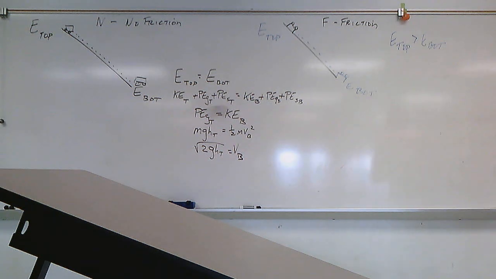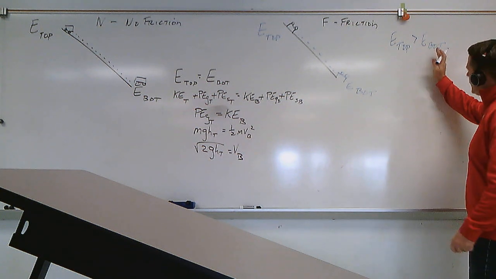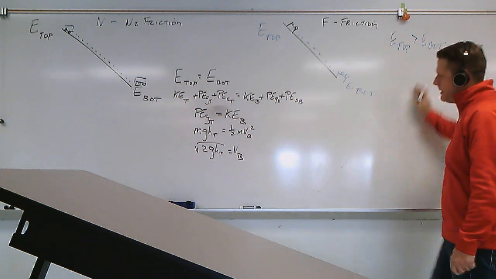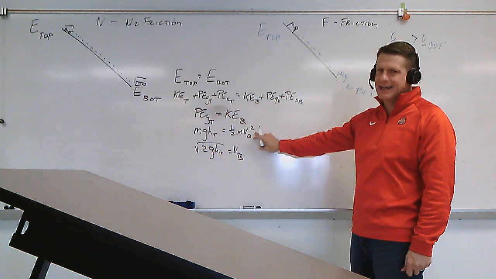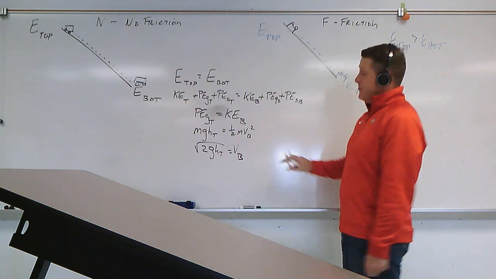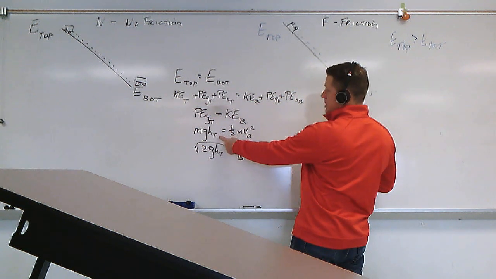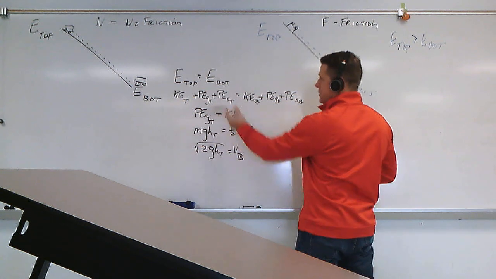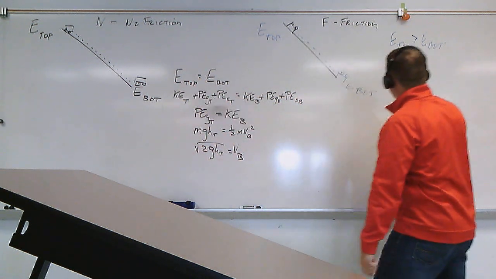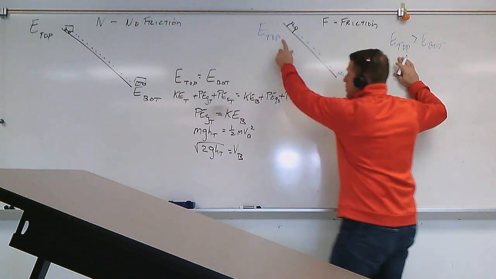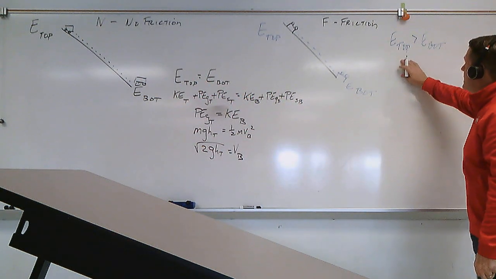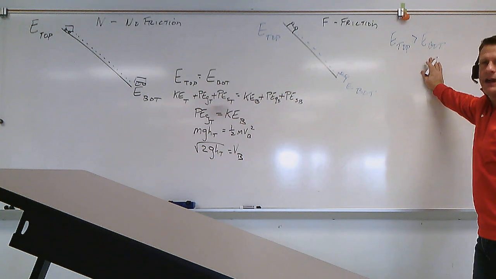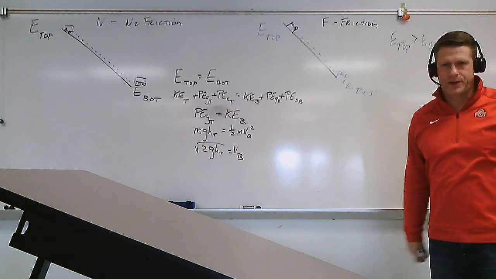And why do we have to say that? Because the speed at the bottom is less than the speed over here, which will lead to less kinetic energy. If this quantity was equal to the kinetic energy when there was no friction, then the same quantity, because we're starting with the same amount of energy at the top, has to be greater than the energy at the bottom that we end up with.